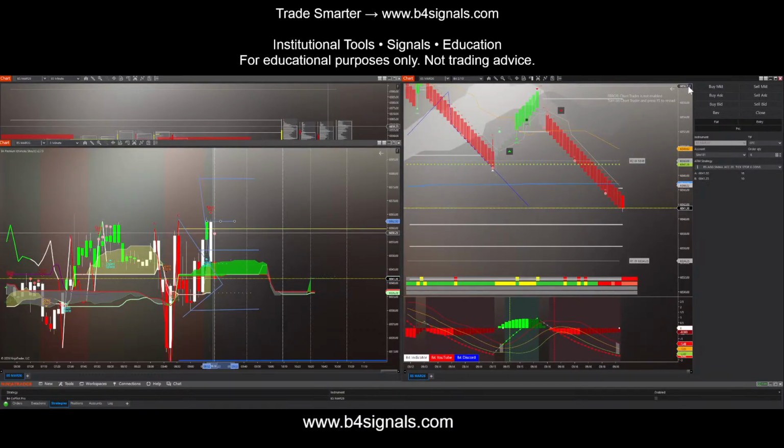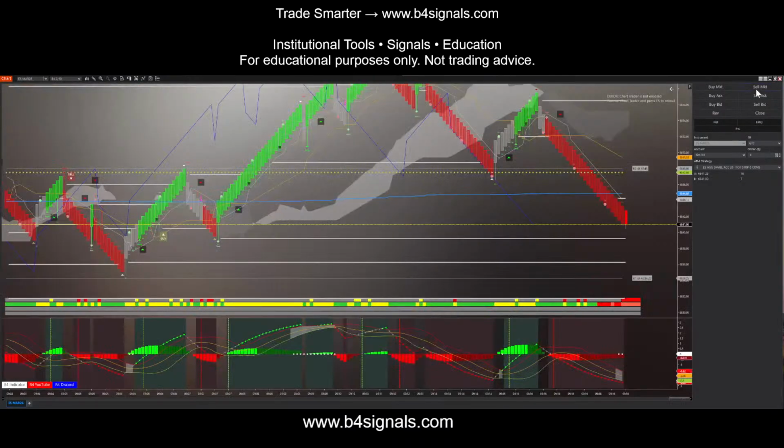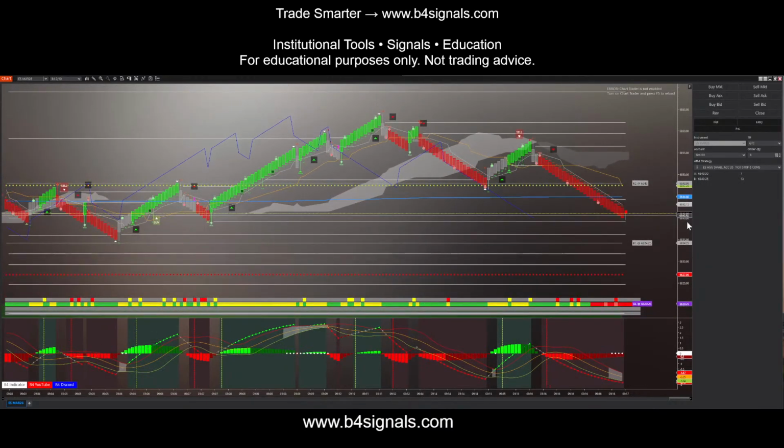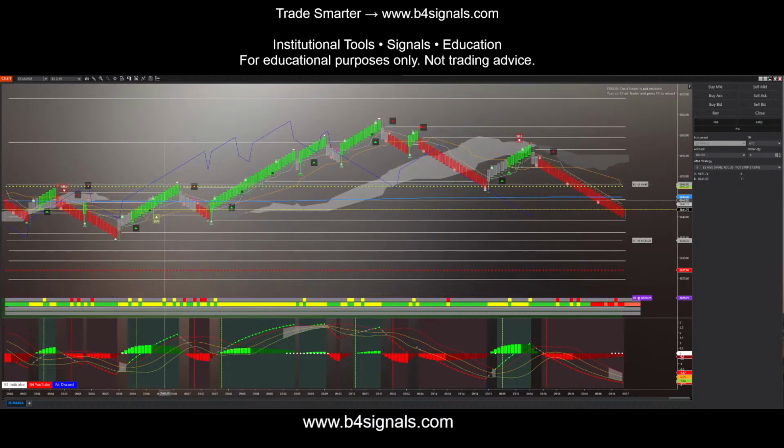Just to show, guys, let me zoom in on this a little bit, just so we can look at it. I'm just curious what my number theory. See the green and the red? This is where it would have taken trades and killed the trades with my number theory.